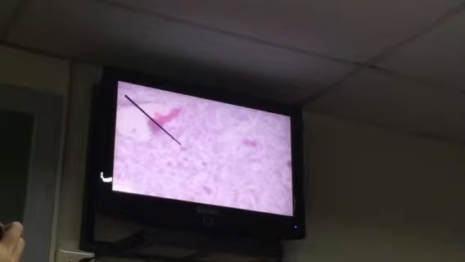Oligodendroglia. Identify cell at pointer. Microglia.